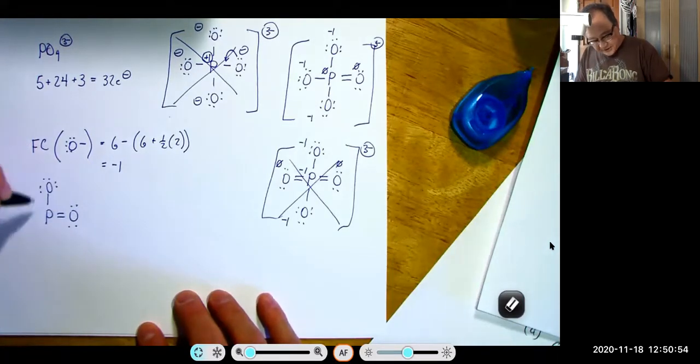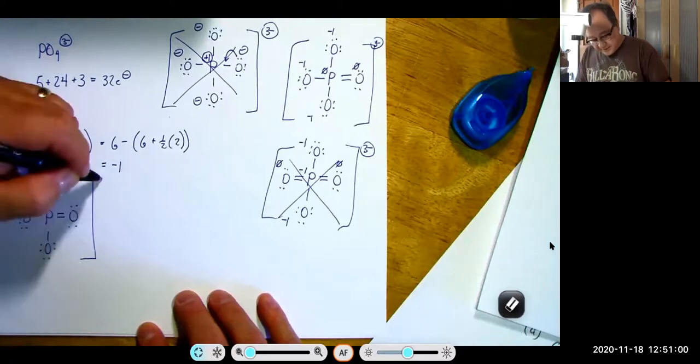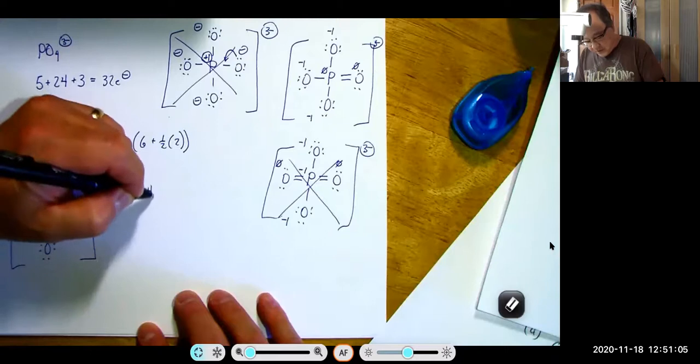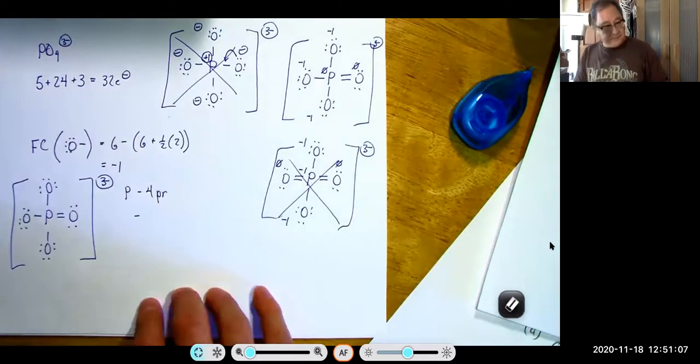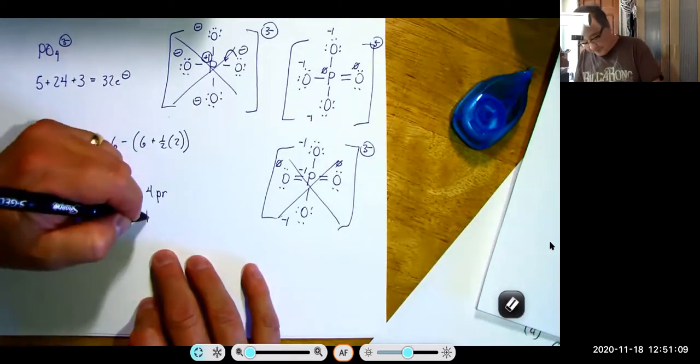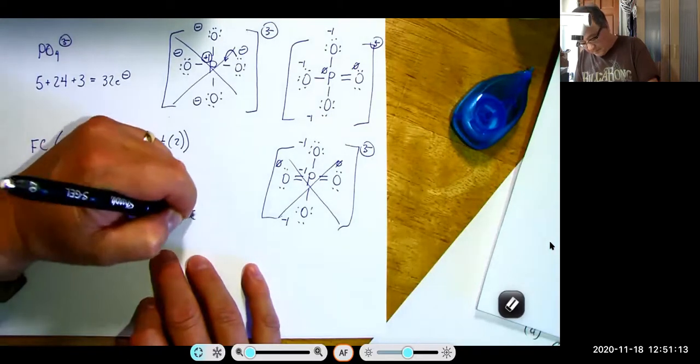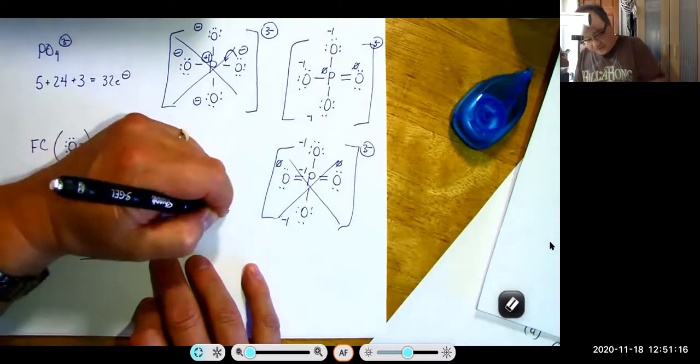Let's deal with the electron pair geometry around phosphorus and the molecular geometry. Phosphorus has 4 pair. What type of geometry is that? Tetrahedral, and that's 109.5 degrees.